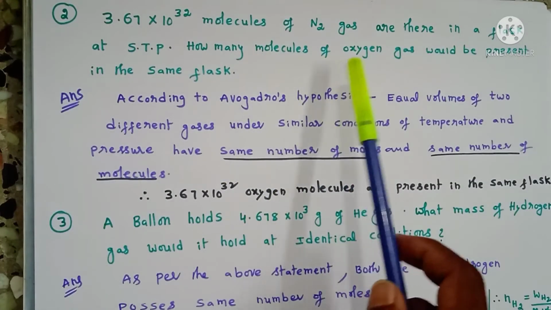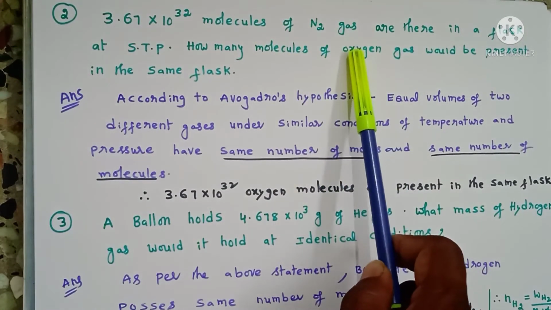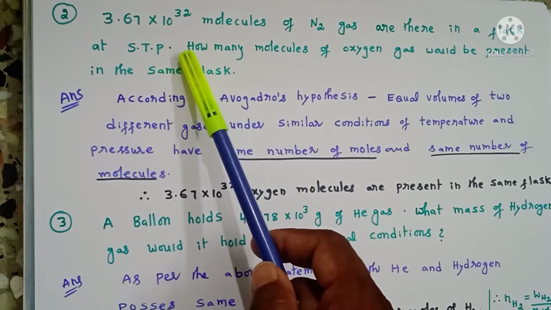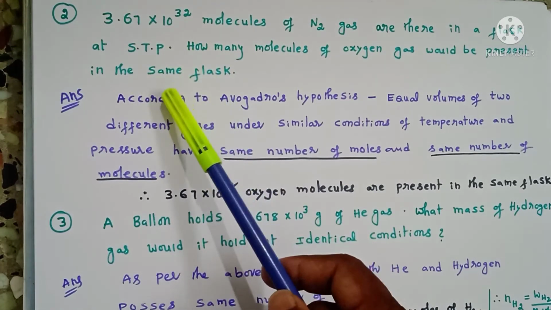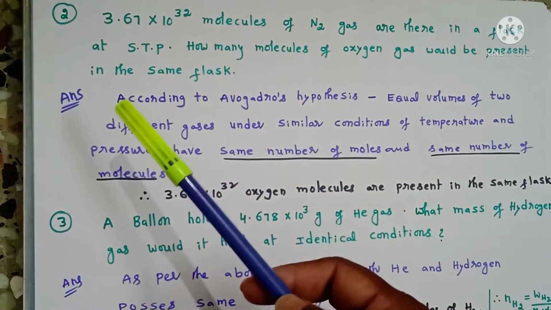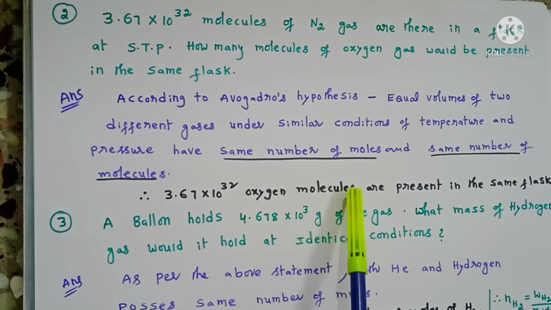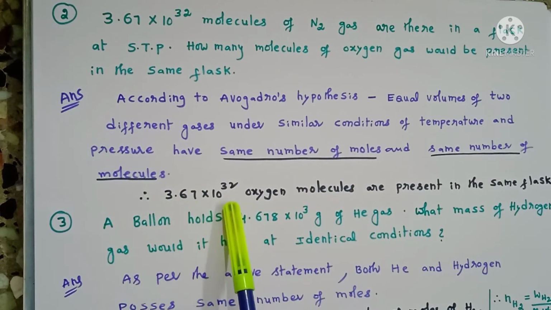Oxygen and nitrogen are different gases, but under similar conditions, meaning same volume. So they have the same number of moles and the same number of molecules. That's why oxygen also has 3.67 × 10^32 molecules.